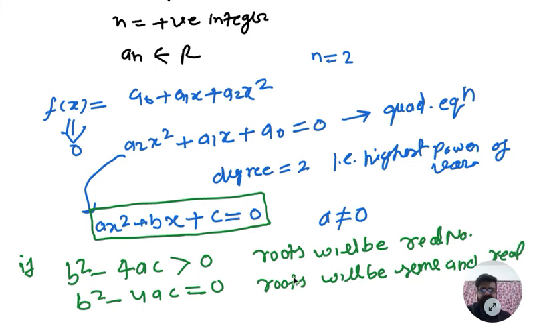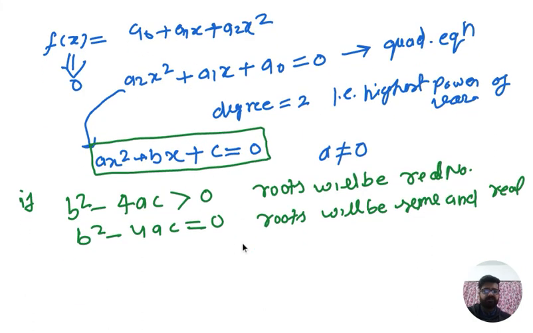So in the first case the roots will be real numbers, but in the second case, when b² − 4ac equals 0, the roots will be same as well as real.